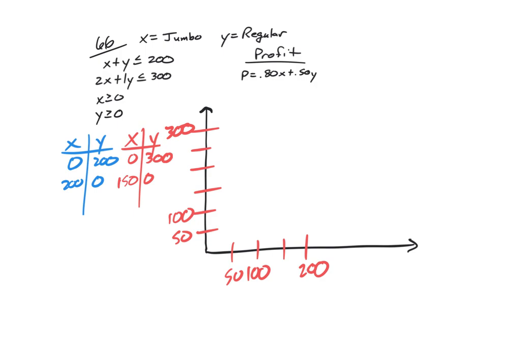So you can go up to 300, but you don't really need to. So 200 and 200 would be the first line. Okay, 0, 300 would be up here on the y-axis. 150 would be down here.